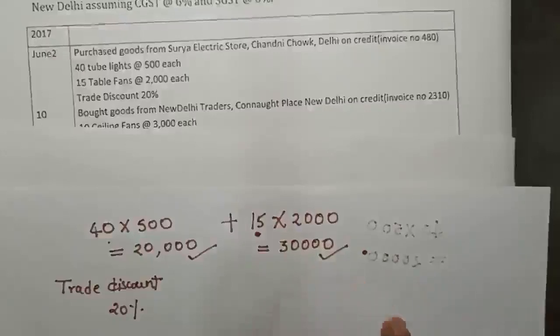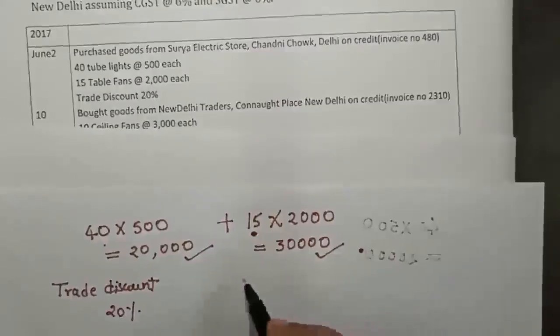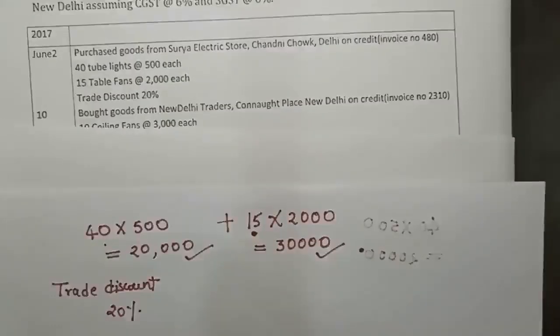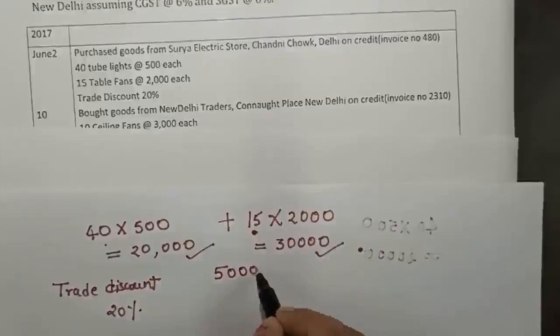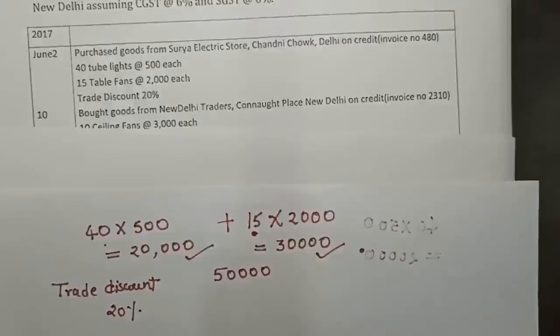So the cost of tube lights is 20,000 and the cost of 15 table fans is 30,000. 20,000 plus 30,000 is equal to how much? The total amount of goods purchased from Surya Electric Store is how much? 50,000. And what is the trade discount? 20%.